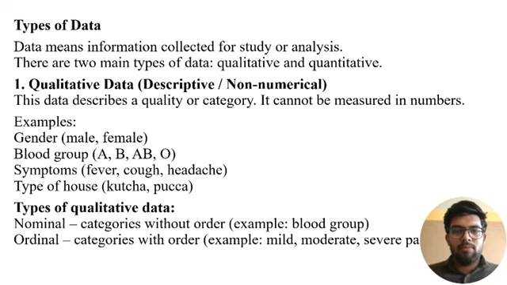When we come to the types of data, the first topic, there are two types of data: qualitative and quantitative. As we all know, qualitative, as the word itself says, is non-numerical and descriptive, more like theory-based statistics. For example, gender, which is male or female, not in numbers.